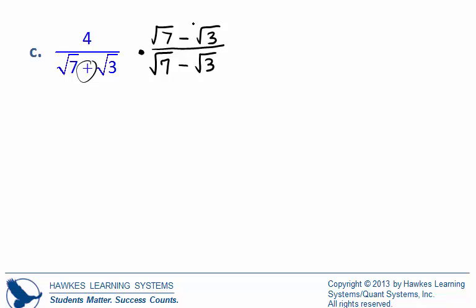All right, so let's do our multiplication here. When we multiply these two expressions together, we're going to do the FOIL method. So we're going to multiply first times first. Square root of 7 times square root of 7 is the same thing as the square root of 7 squared.